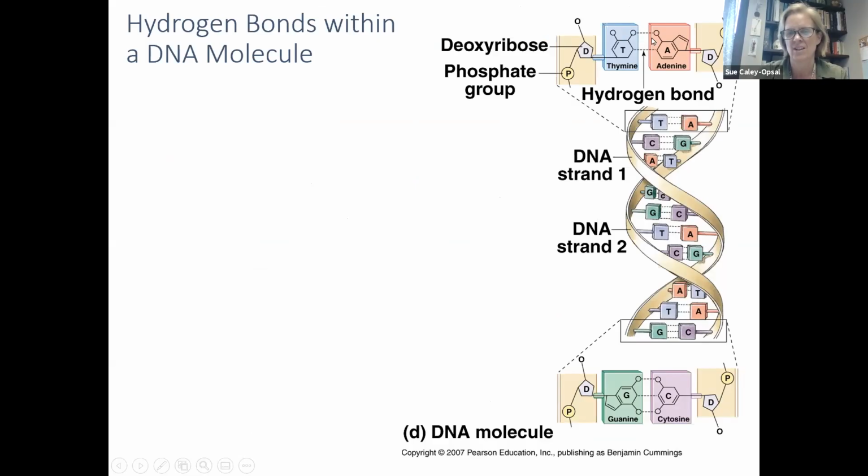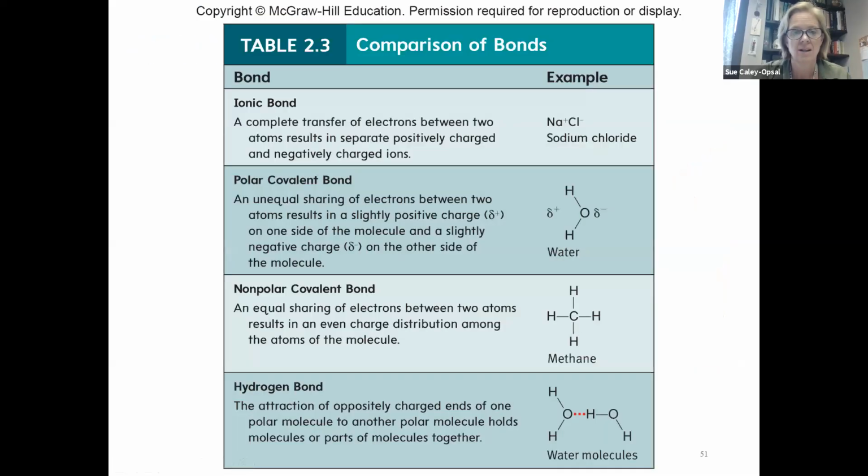Probably a lot of you have seen DNA before, but DNA is a very large, complex molecule, and the bases that are attached to each other are attached via hydrogen bonds. There are millions of them in here, so it makes DNA extremely stable.